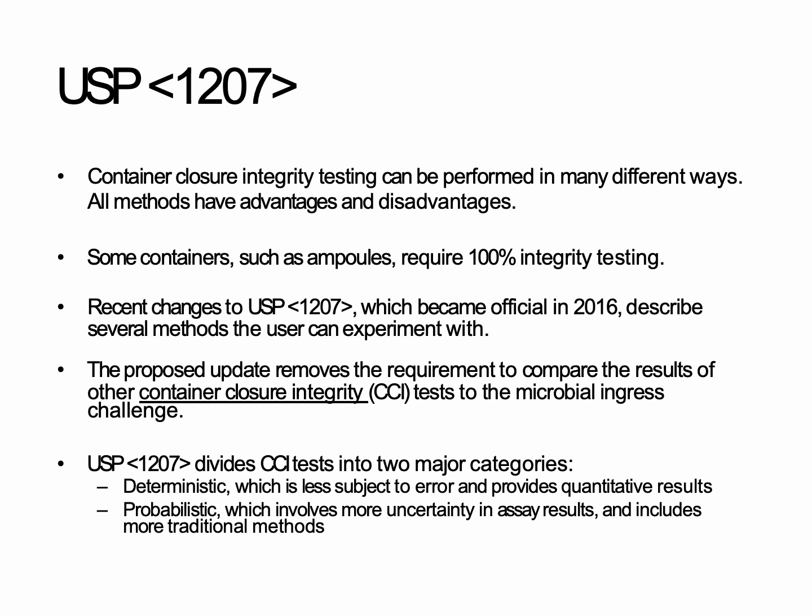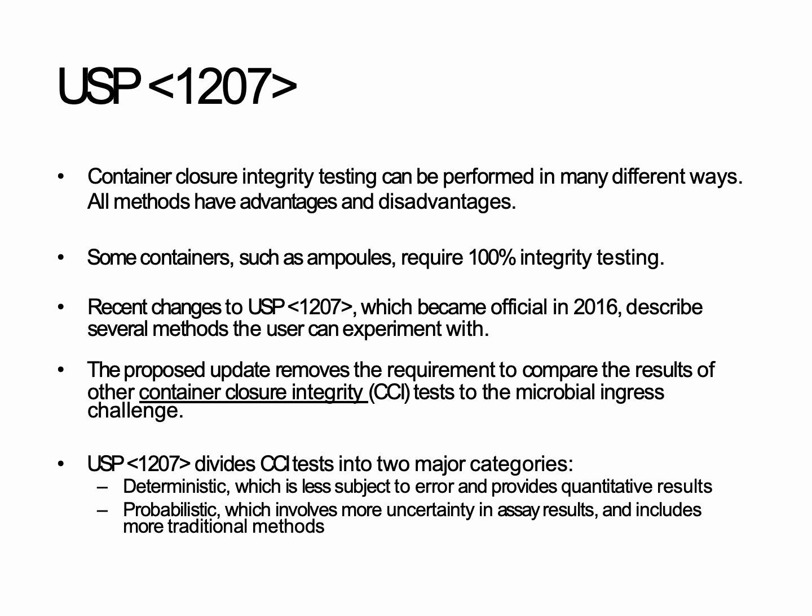Now, when we look into USP 1207, we have two major categories of tests. We have one category that we call deterministic, and another category that we call probabilistic. So what are the deterministic tests? These are tests which are less subject to errors and provide quantitative results. But how about probabilistic tests?